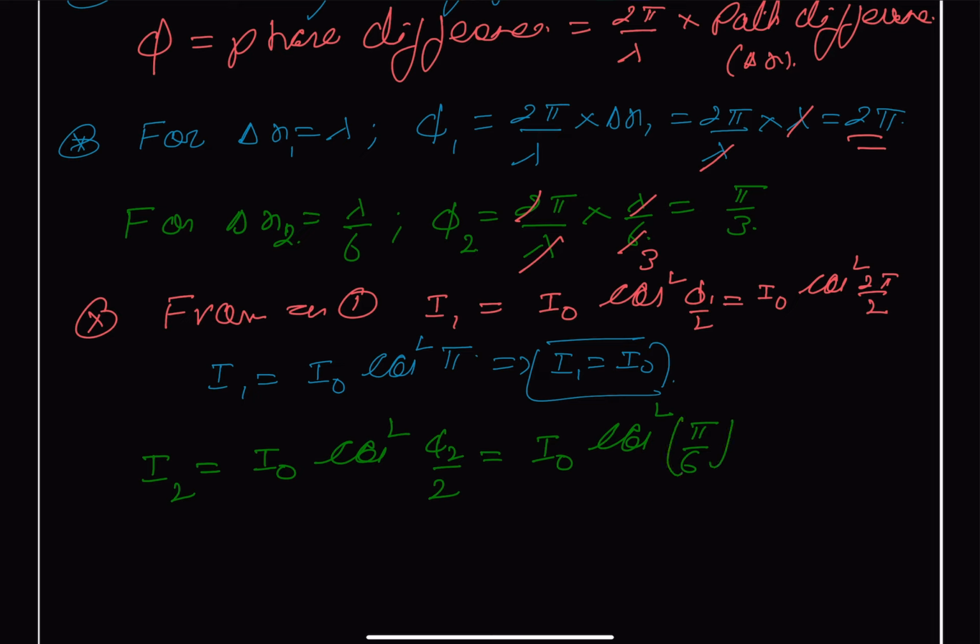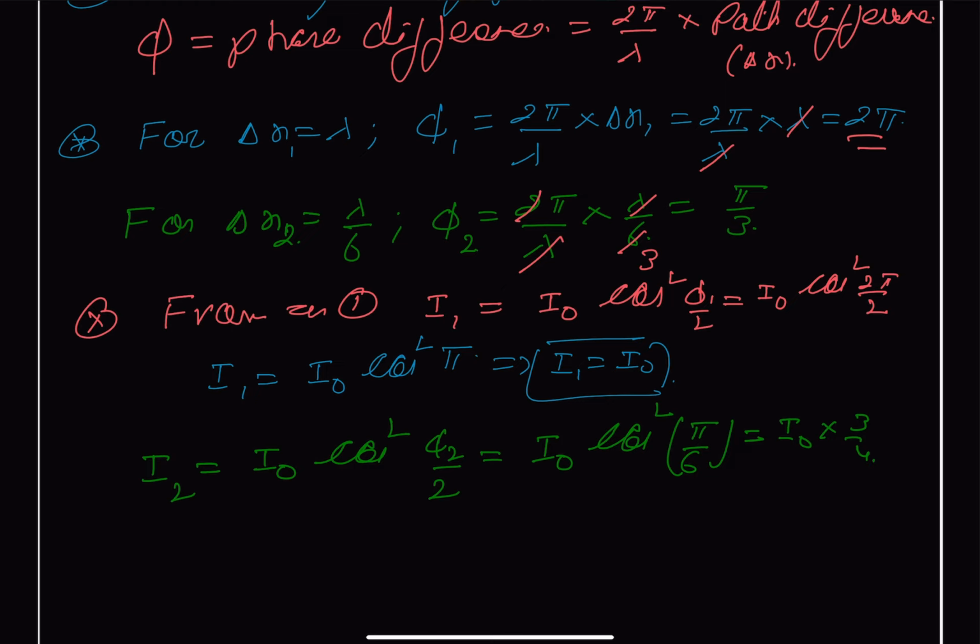Pi by 6, and from here this will be equal to our cos square pi by 6, and we have this as I naught, so we are going to get this as I naught multiplied by 3 by 4.